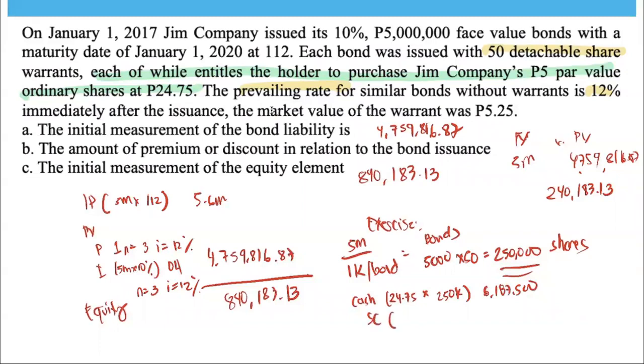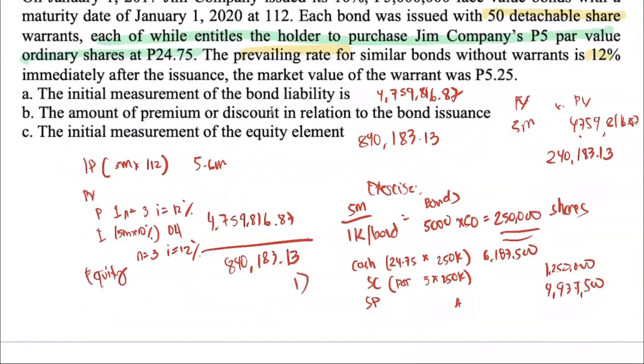The share capital should always be recorded at par. So that is 5 par value times 250,000 shares, 1,250,000. Whatever is left is share premium. So 6,187,500 less 1,250,000, we have 4,937,500. So that is the first that we will do.